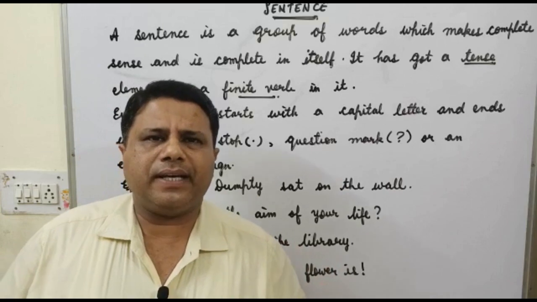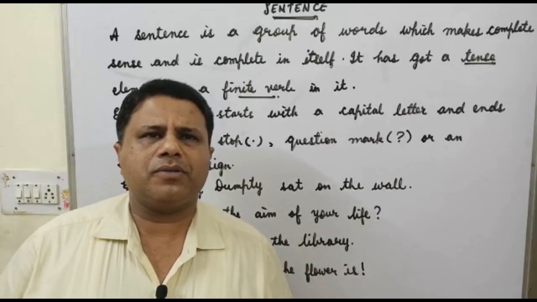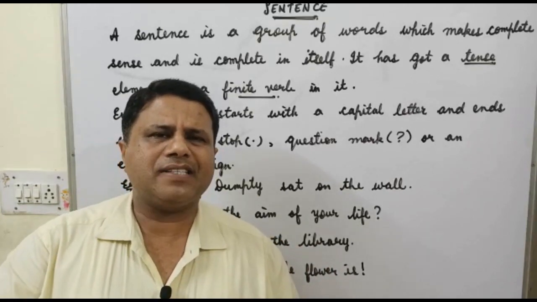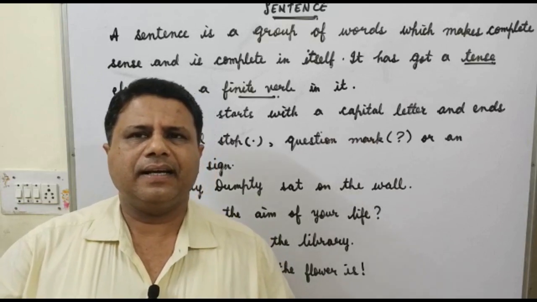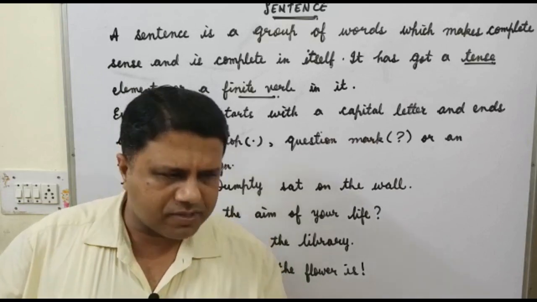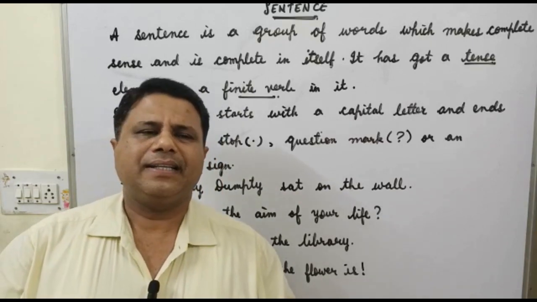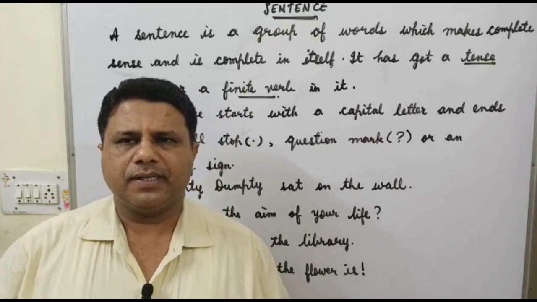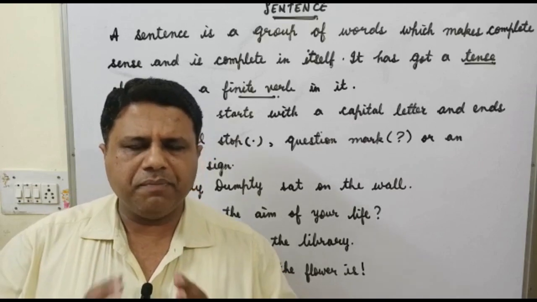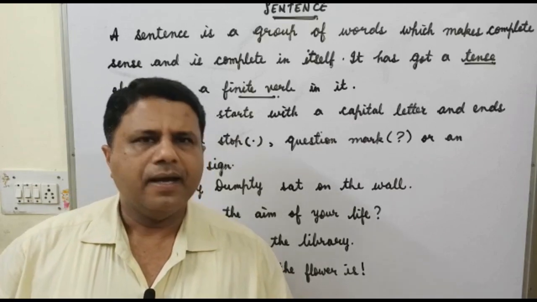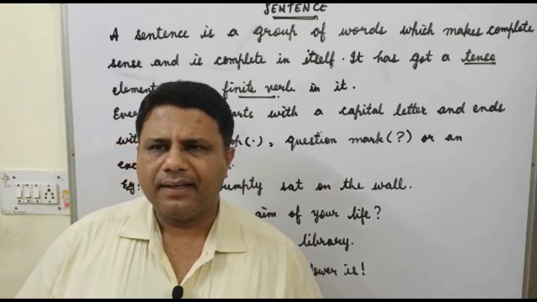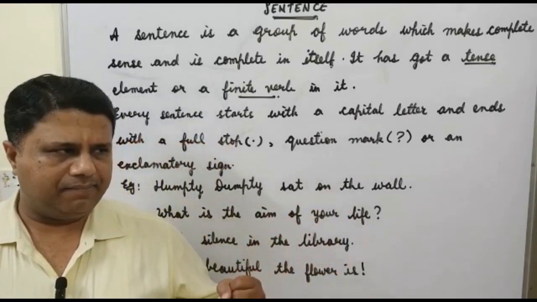What I want to say is that a minimum of one subject and one verb is required. That is the reason, whenever we are talking about a sentence, we always say that a sentence is a group of words. So this is the first thing which we must keep in our mind when we are talking about a sentence.